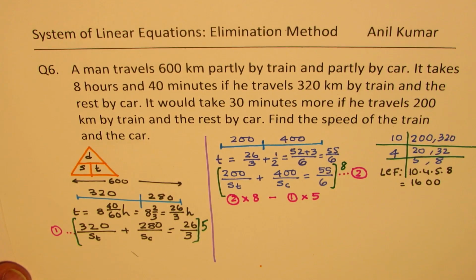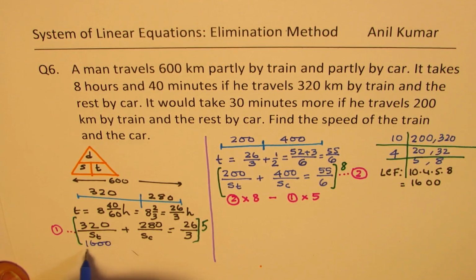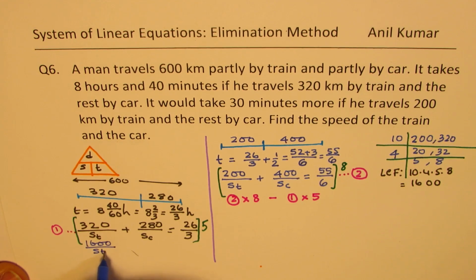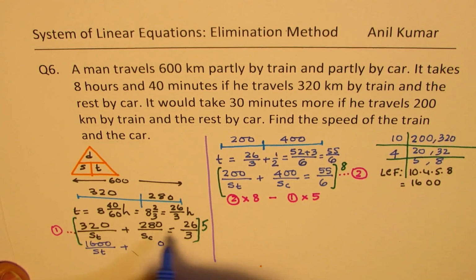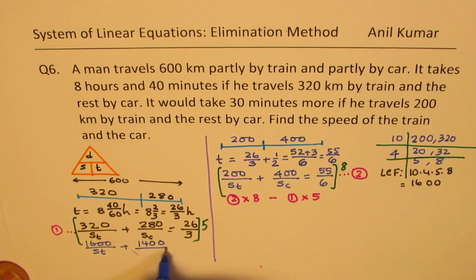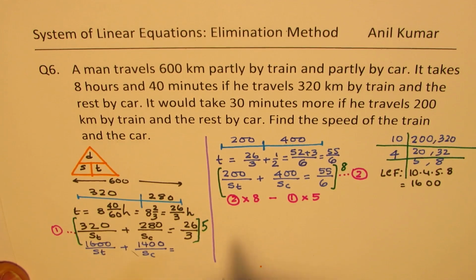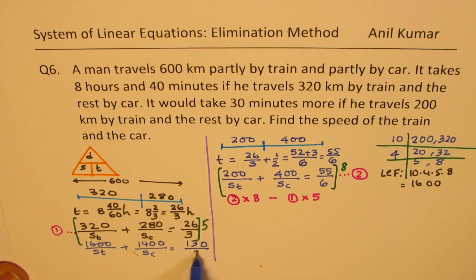Okay, so let's do it. Now, when you multiply this by 5, what you get here is 1600 over speed of train plus 5 times 280, 1400 over speed of car equals 2.5 times 6, 30, so 130 divided by 3.